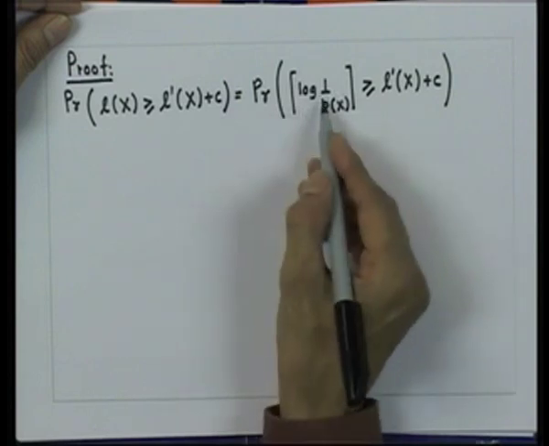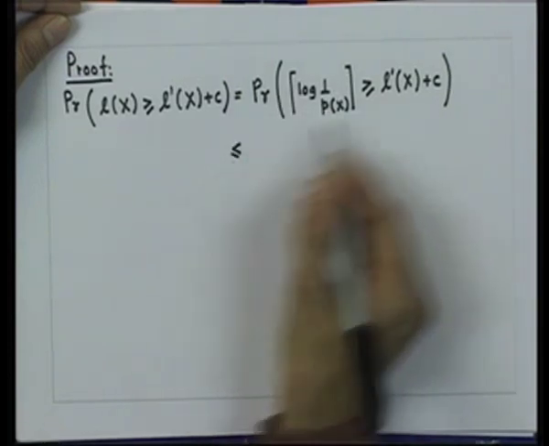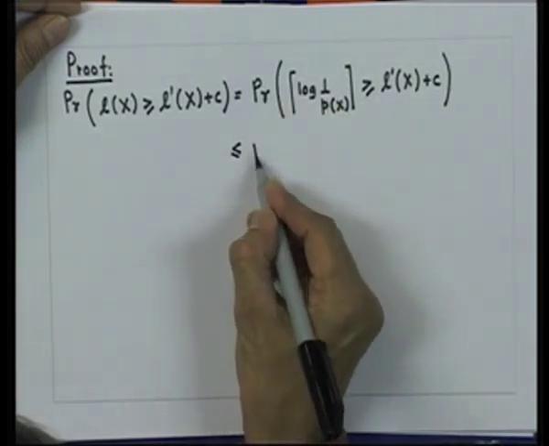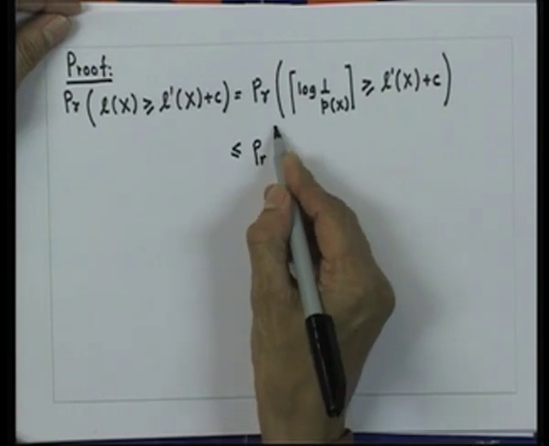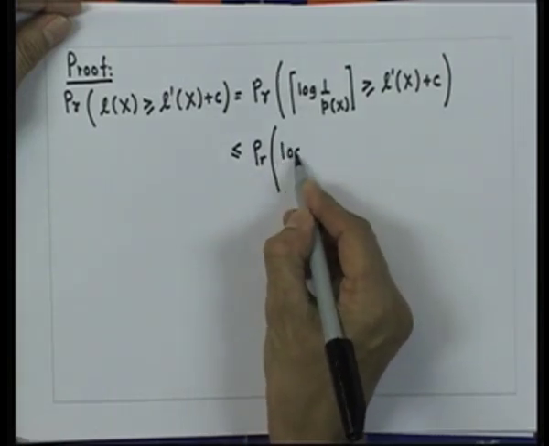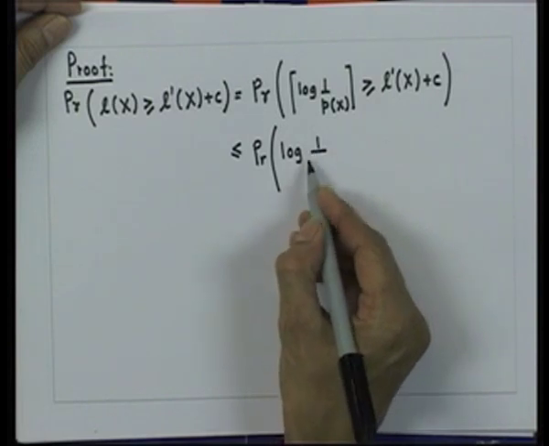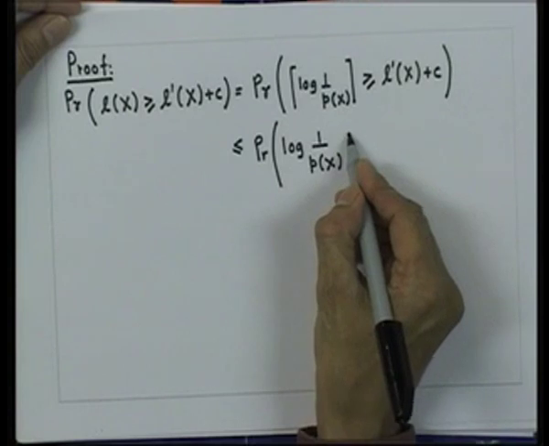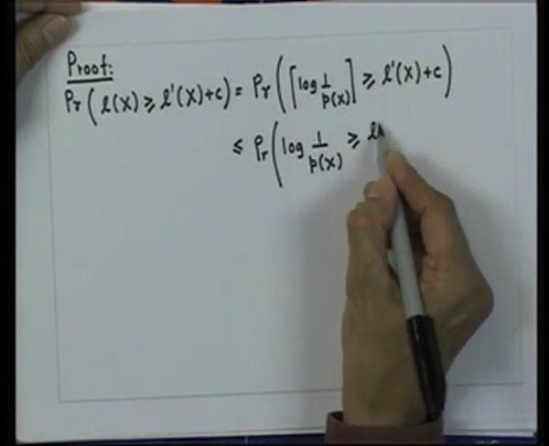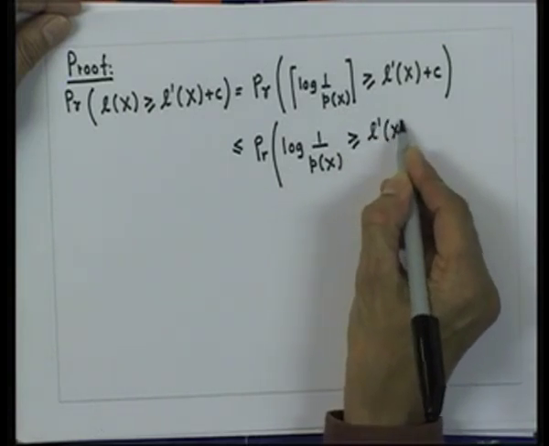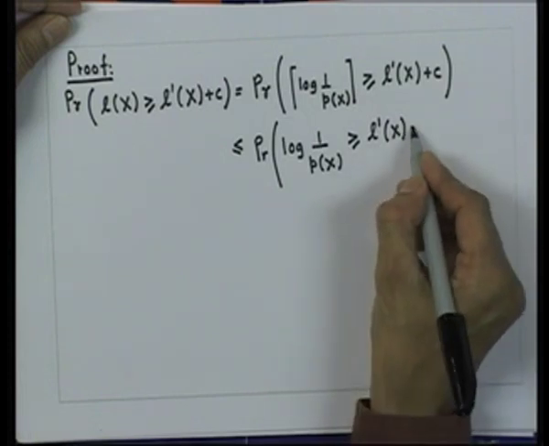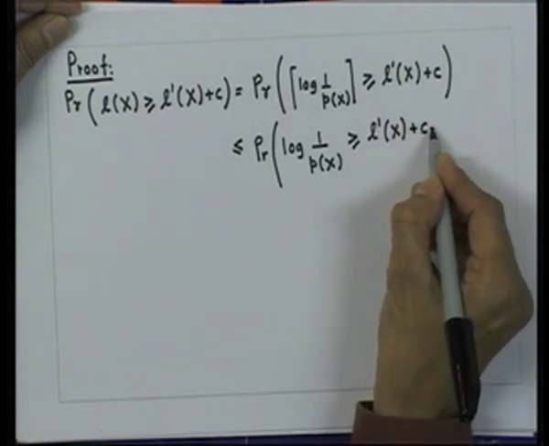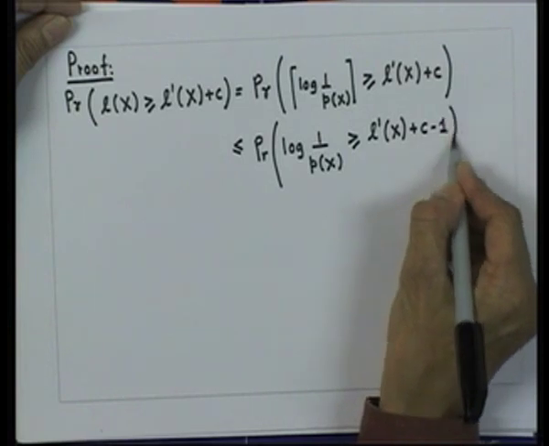Now, this quantity is less than or equal to probability of log of 1 by p of x greater than or equal to L dash x plus c minus 1.